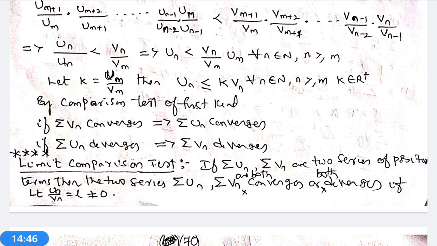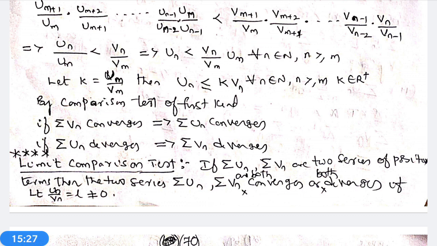Now we go to another, the limit comparison test. Very, very important. Limit comparison test: if Σun, Σvn are two series of positive terms, then the two series Σun and Σvn both converge or both diverge if the limit of un/vn is equal to L, not equal to 0.